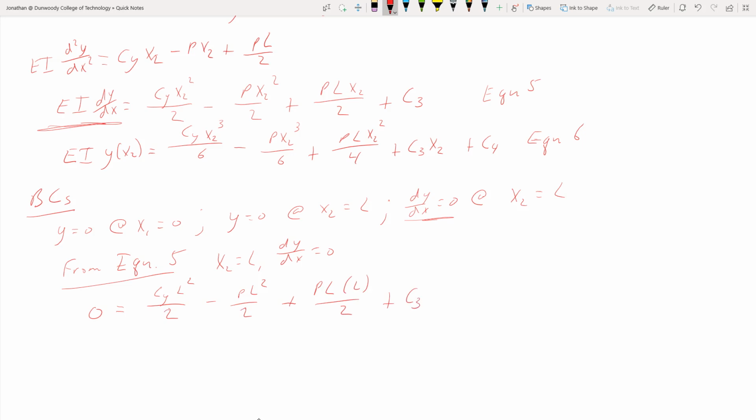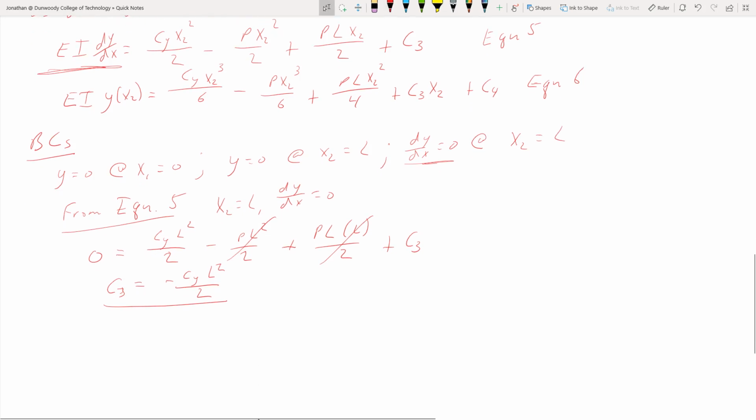These are 2's, sorry, they kind of look like L's. So we get negative PL squared over 2 plus PL squared over 2. These two go away. So we find that C3 is negative Cy L squared over 2. It's one of our constants of integration. So there we go. Also using now equation 6.